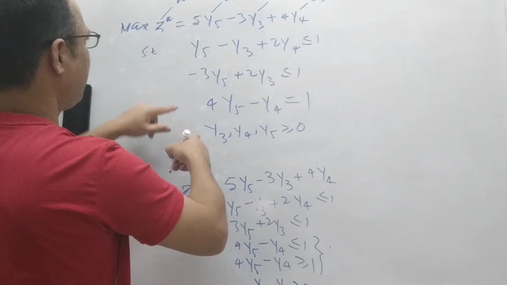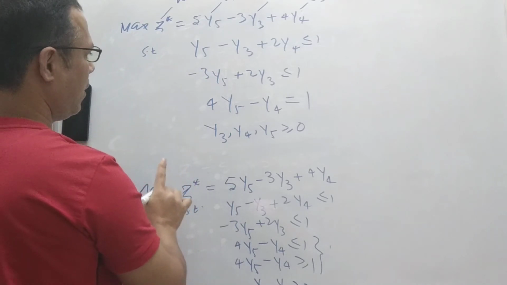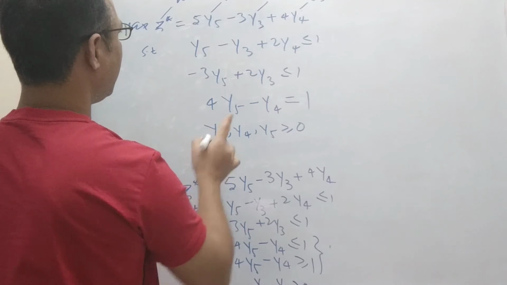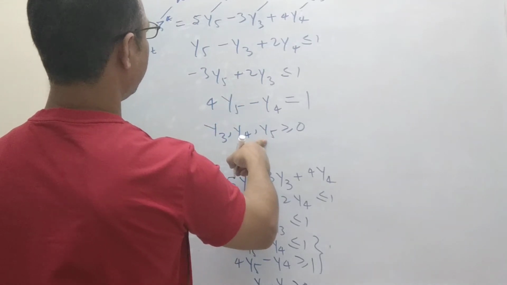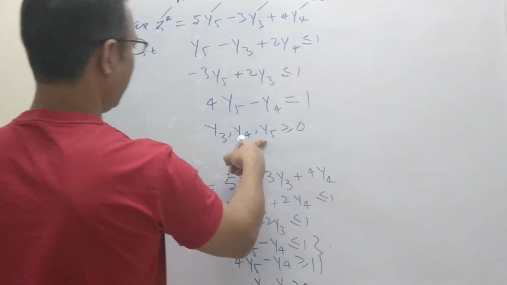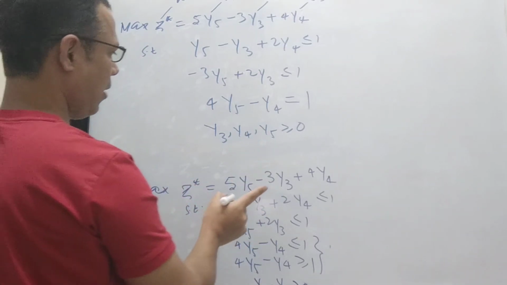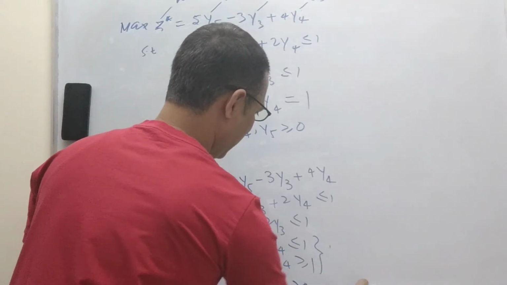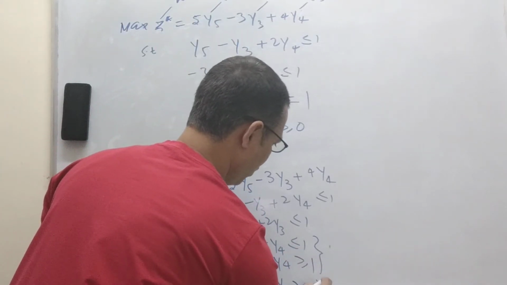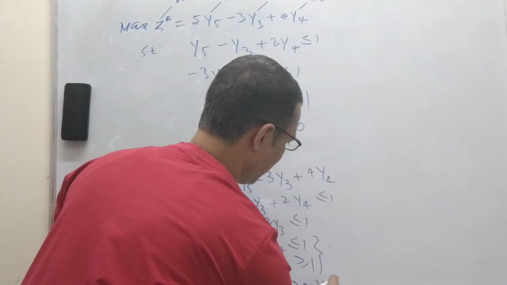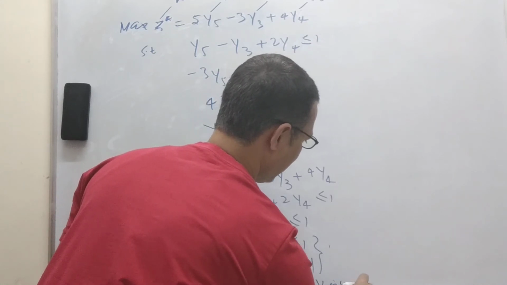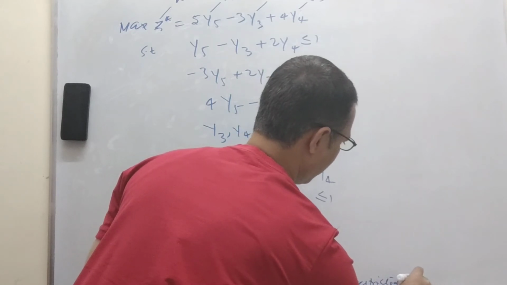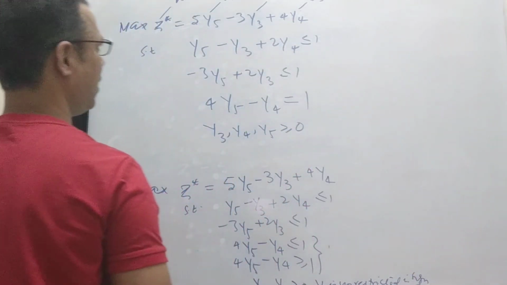Because of the form in which y5 was written. y5 was taken as the difference of 2 variables, and a difference of 2 variables means y5 is unrestricted in sign. We can say here y5 is unrestricted in sign.